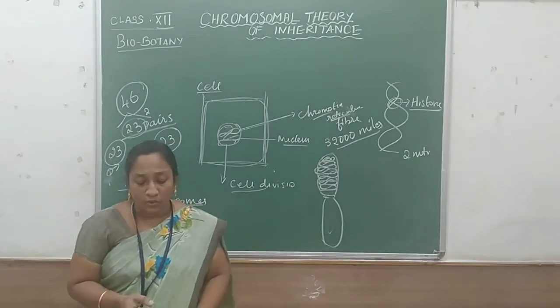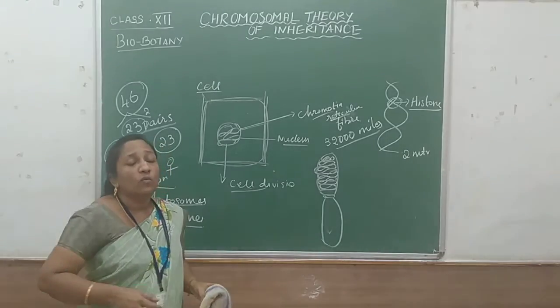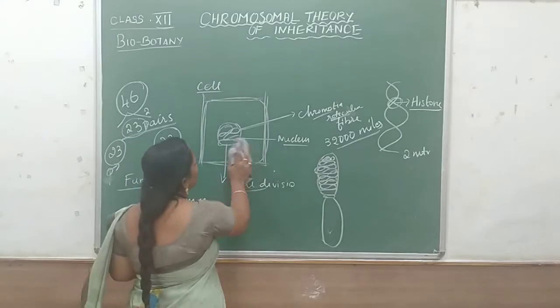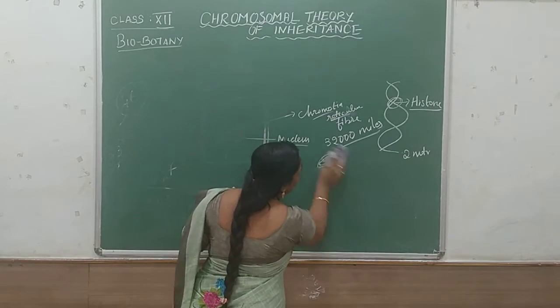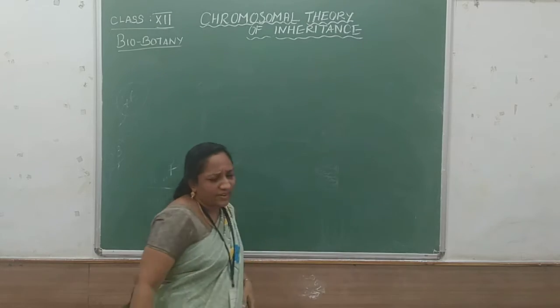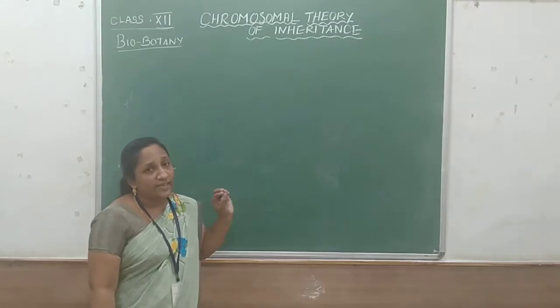Now we are going to learn about Mendel, who introduced the genetic factor. Come, let's learn what it is. Children, now you understood what a chromosome is, where it is located, and when it condenses and gets its shape. The chromosome has the DNA.